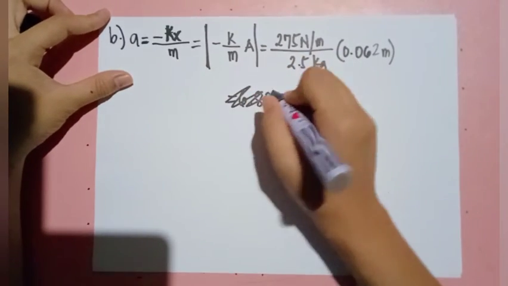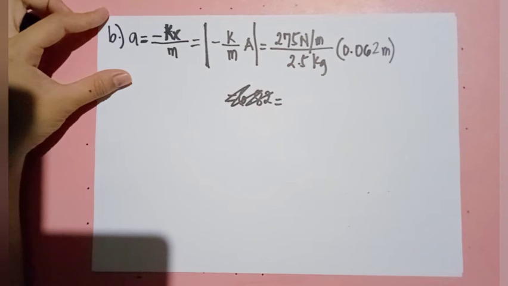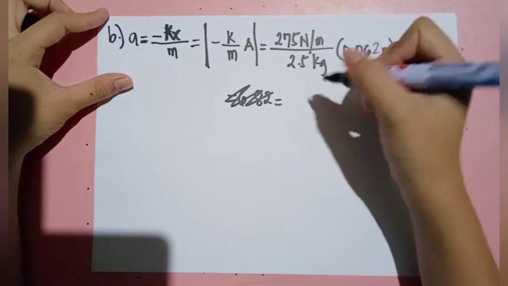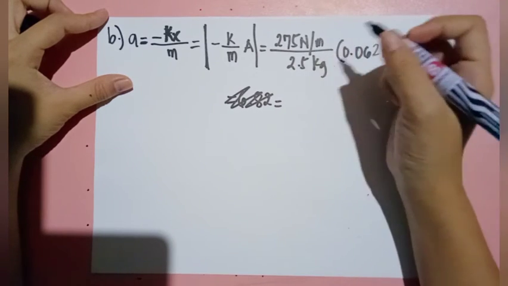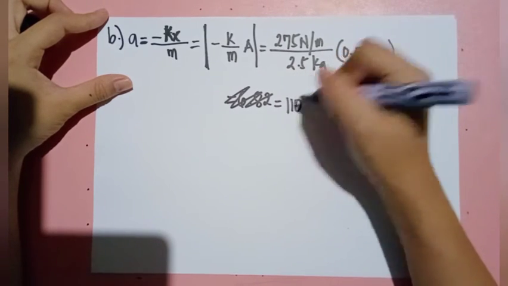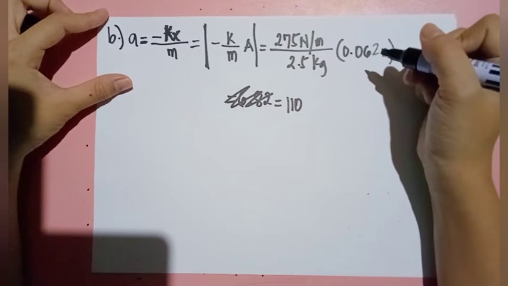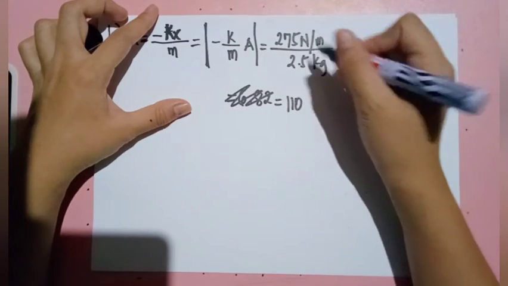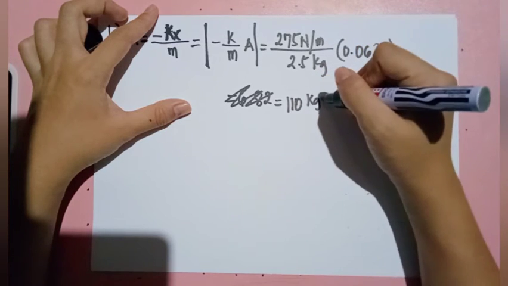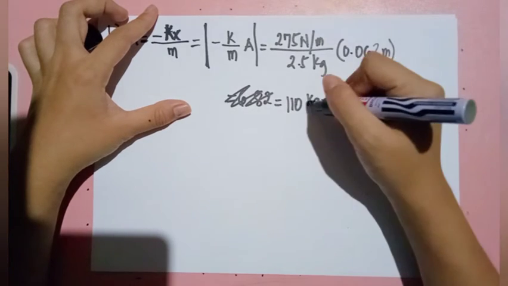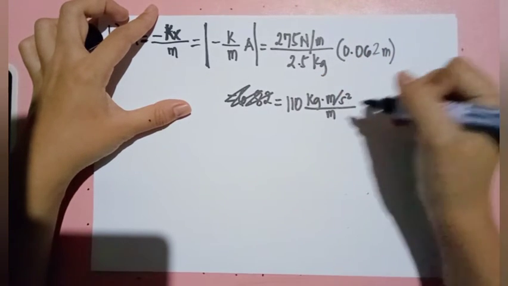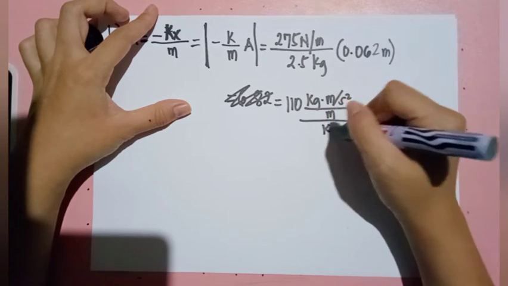I'll do it step by step. 275 divided by 2.5 is 110. Newton is kilogram meter per second squared, over mass, over another kilogram.